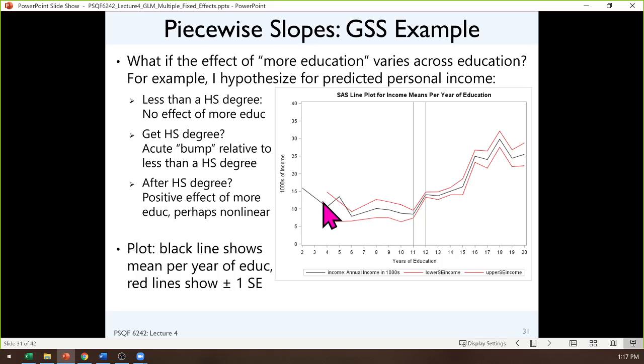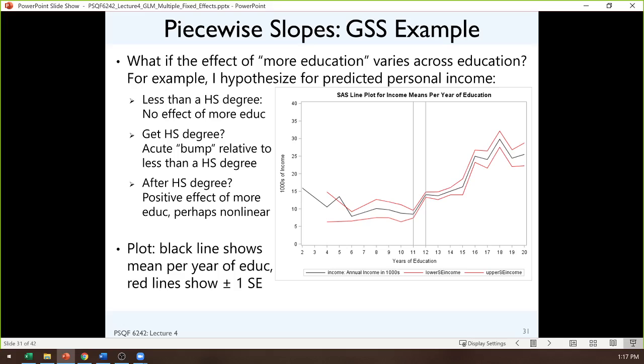Previously, in example 3, we fit a model that had a linear slope of education predicting income. And this picture suggests that a linear slope is not going to fit. It's not the case, according to the data and according to common sense, that having one more year of education is going to get you the same gain in income.